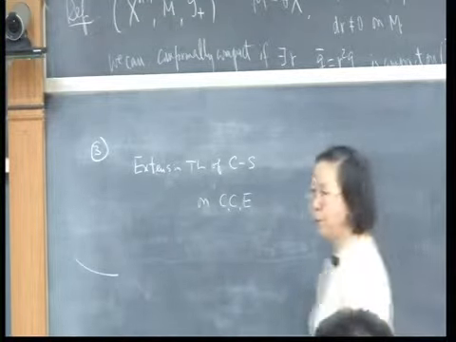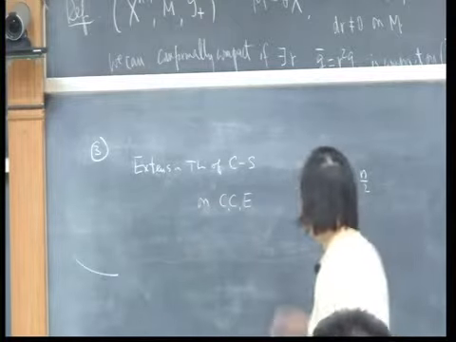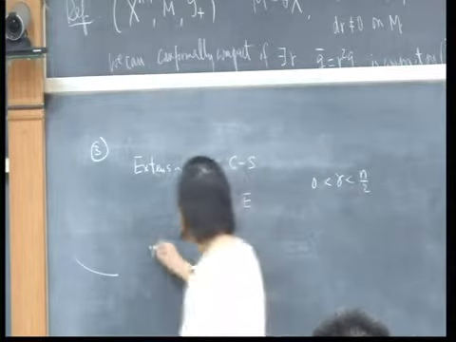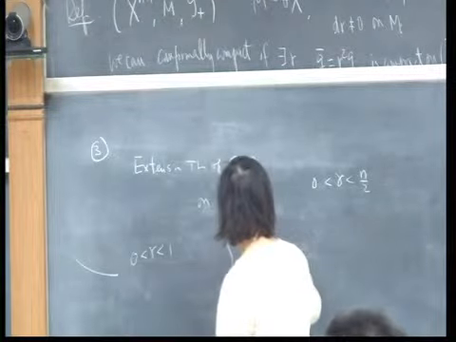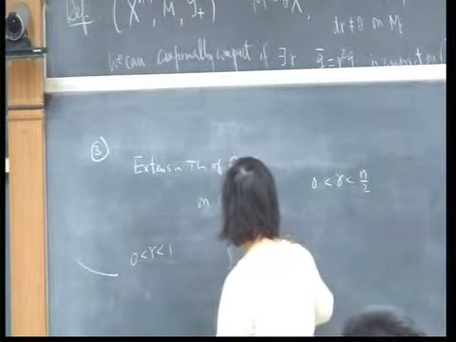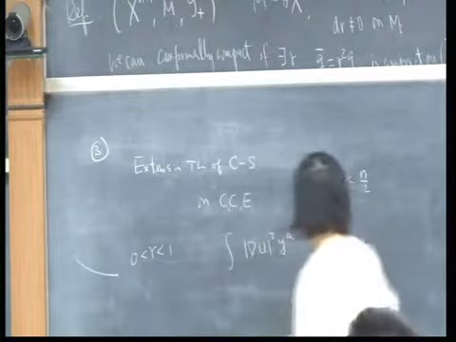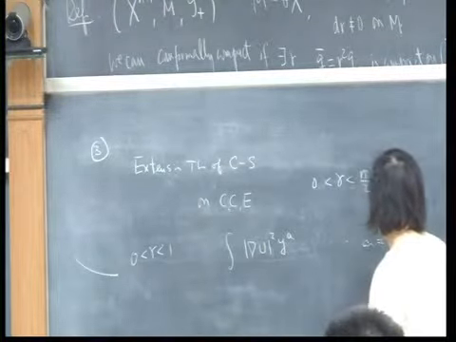But the energy term when gamma is between 1 and 0 is the integral of gradient u squared times y to the a power, where a is 1 minus 2 gamma.